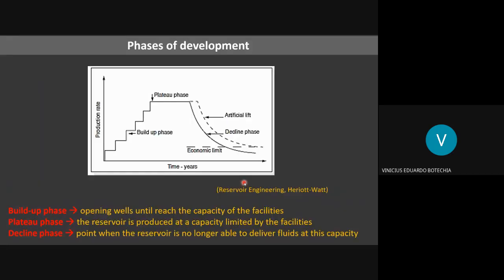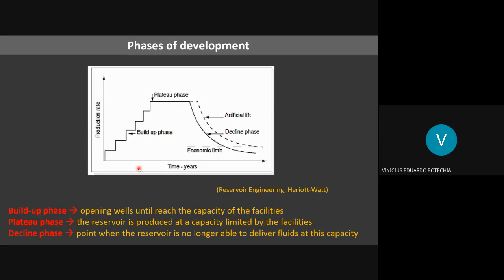Now, talking about the phases of development, here is a simple scheme about the field life cycle again. First there is a build-up phase that can happen or not. Sometimes a company can drill all the wells, and then the platform comes and connects all the wells at the same time.